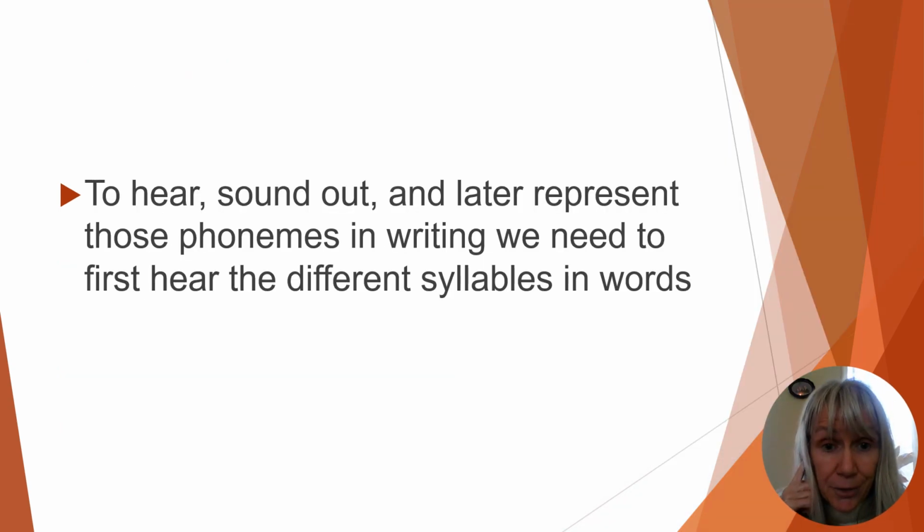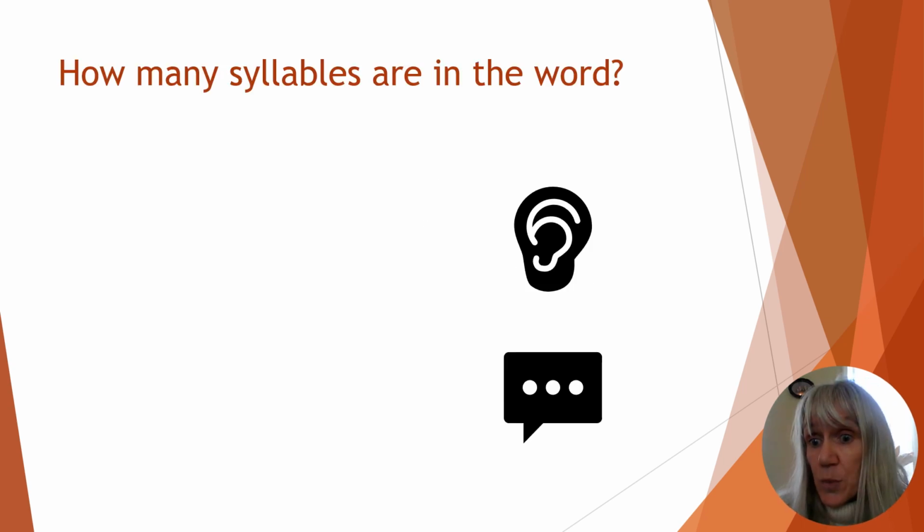To hear, sound out, and later represent those phonemes in writing, we need to first hear the different syllables in words. We need to be able to hear and later speak the syllables in words. So in a sense, we need to count those syllables.